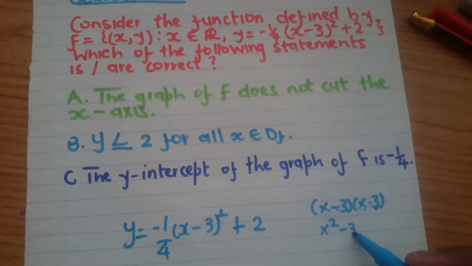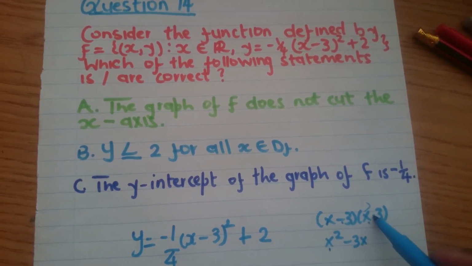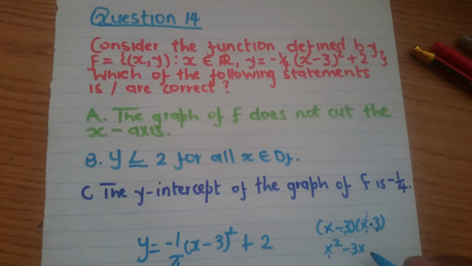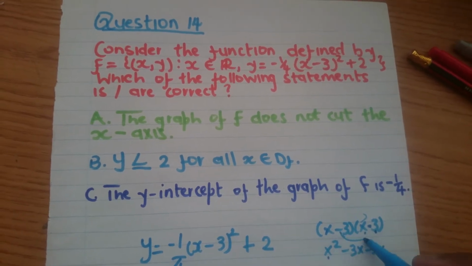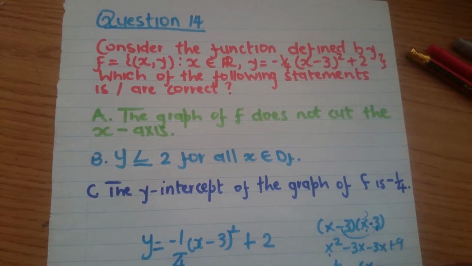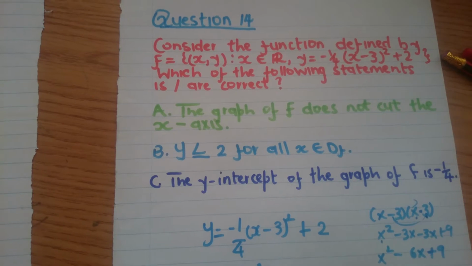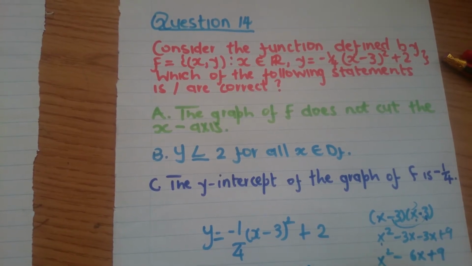We're going slow because other people don't have a fast pace. So it's x squared minus 6x plus 9, and then plus 2.